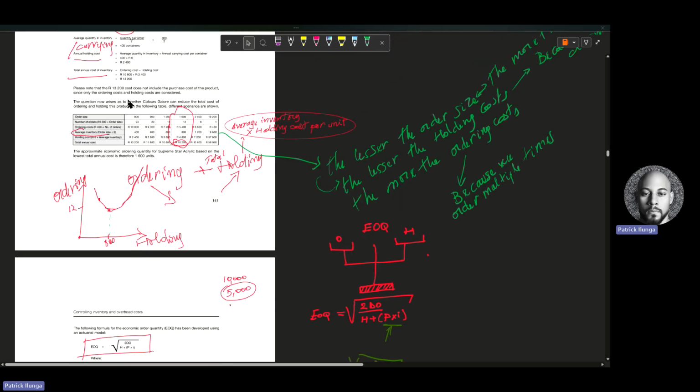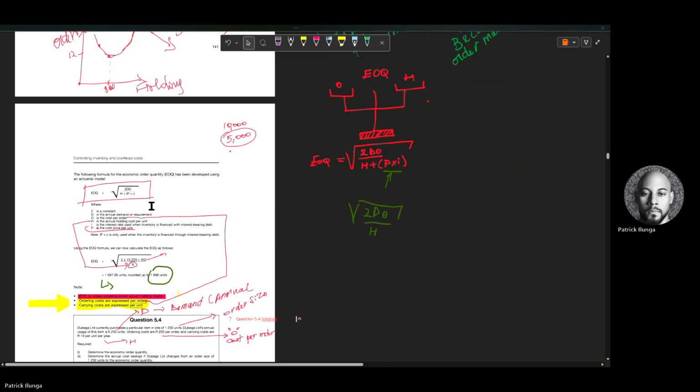So you don't need to do this big table to find where it balances. And you can see here that it's like a curve. And the lowest was this 10,200. That was the lowest point, meaning that's where we get the lowest cost.